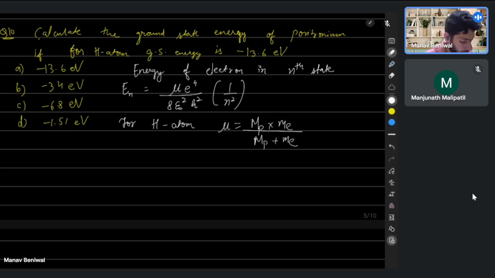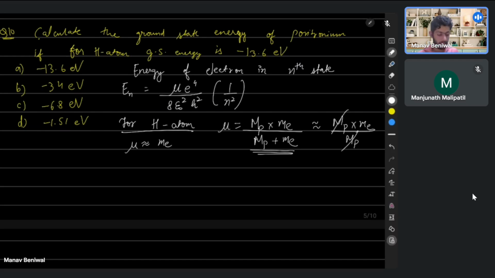Because the mass of proton is very large compared to the mass of electron, we can assume this is mass of proton times mass of electron divided by mass of proton, and then this cancels out. So for hydrogen atom, mu is roughly the mass of electron.